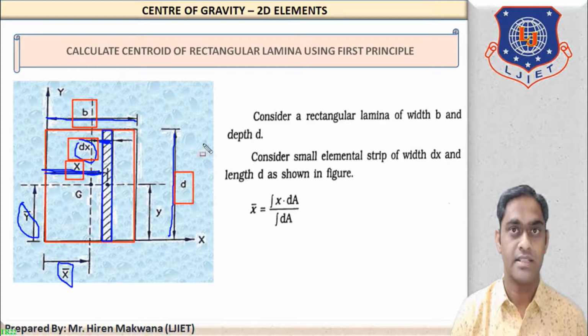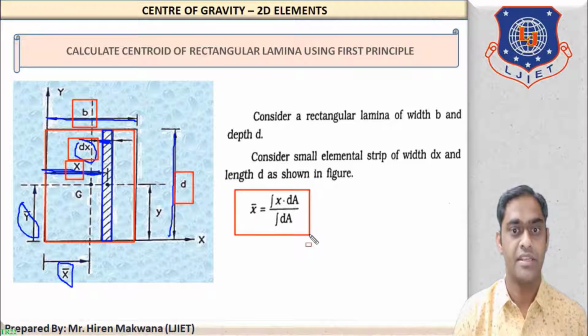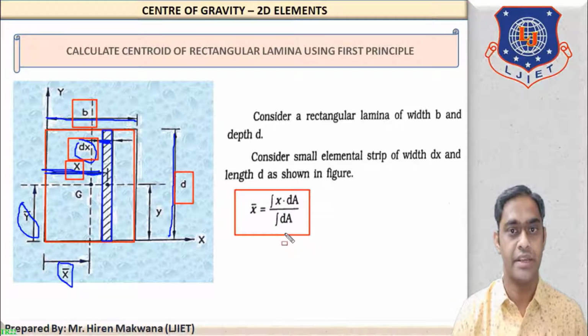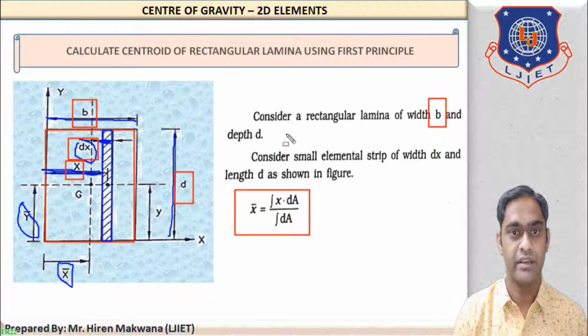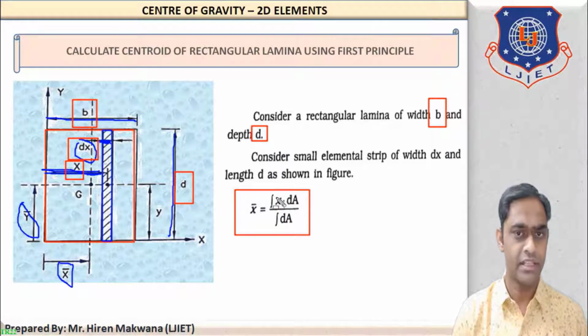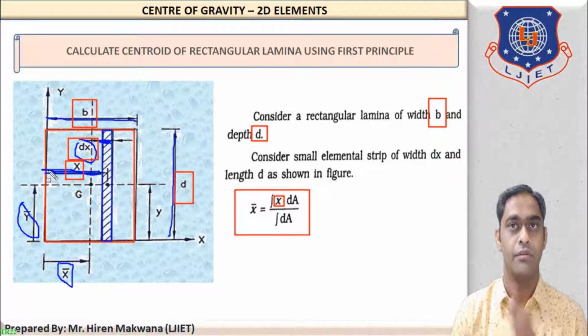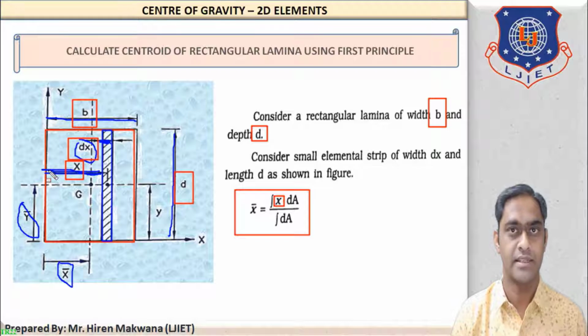So first of all, let us check the standard formula for finding x bar. It is integration of x dA upon integration of dA, where b is the width and d is the depth of the rectangle. Now in this formula, what is x actually? As I told you, x is the horizontal distance from the strip to the y-axis.